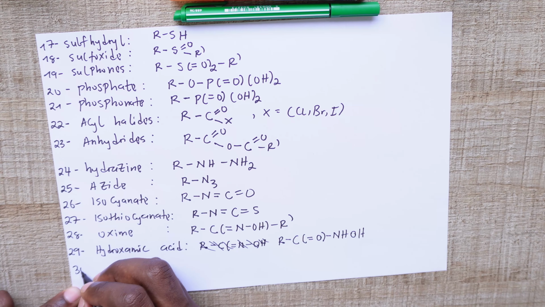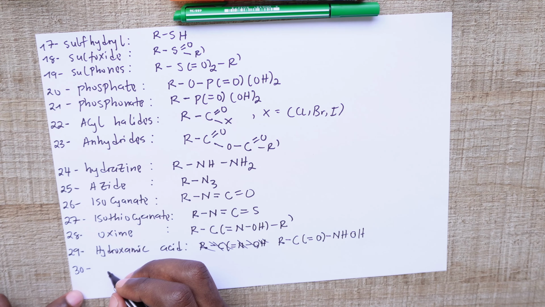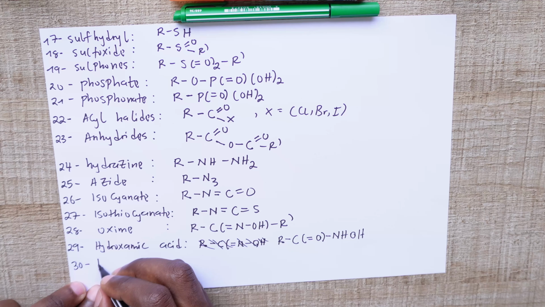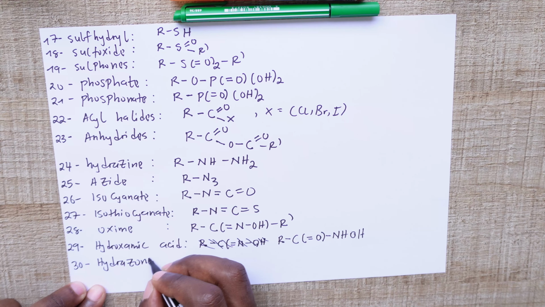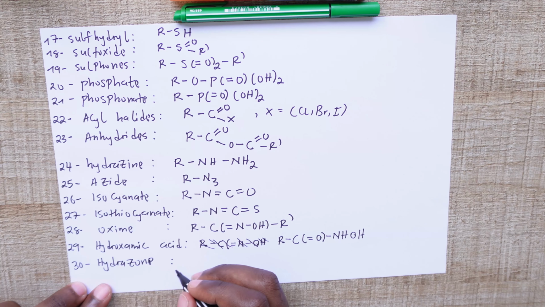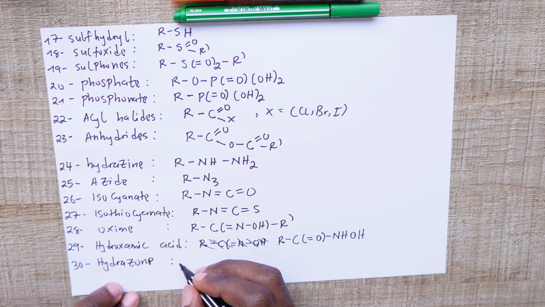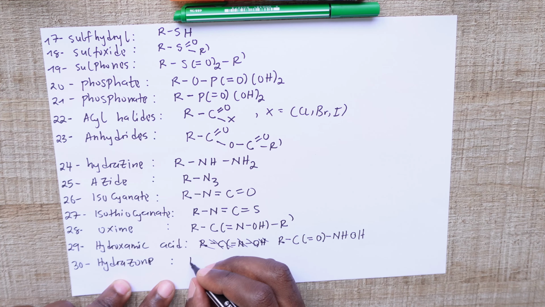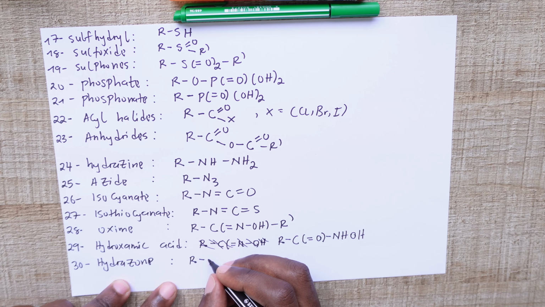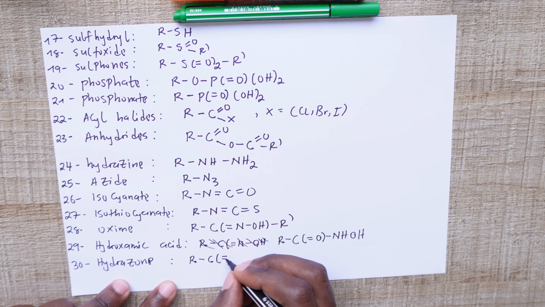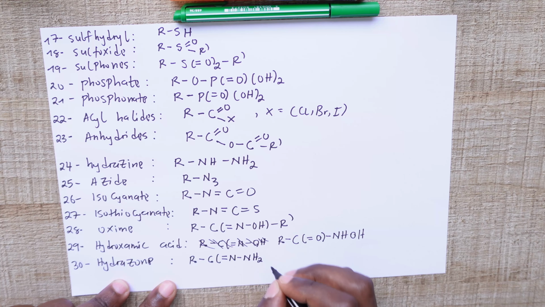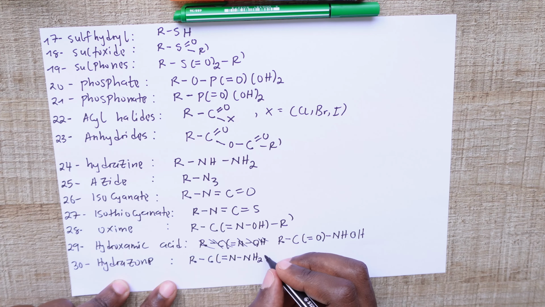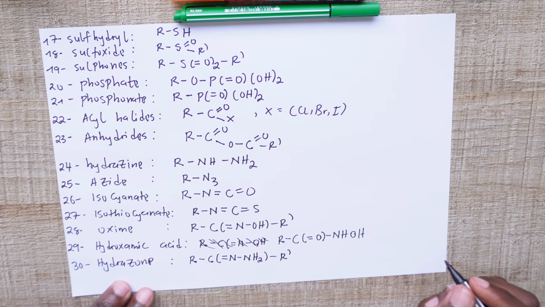Alright, you have in the 30th position the hydrazones. Hydrazone, like 2,4-dinitrophenyl hydrazone, which has as group R, C, then you have 2 nitrogens, or 2 amines if you want, and R prime.